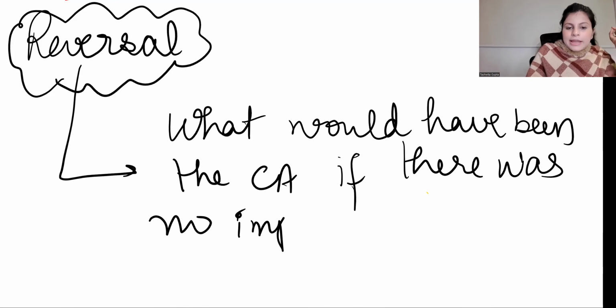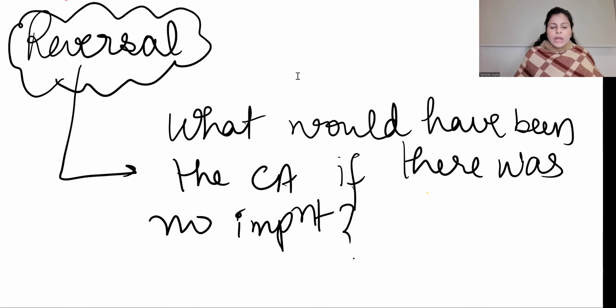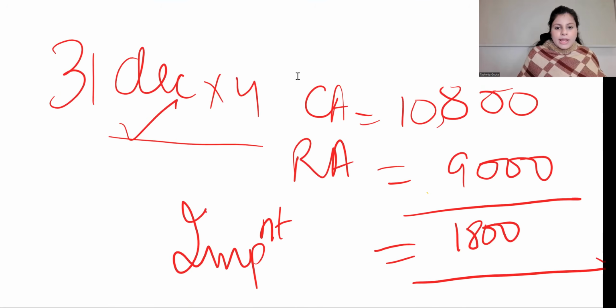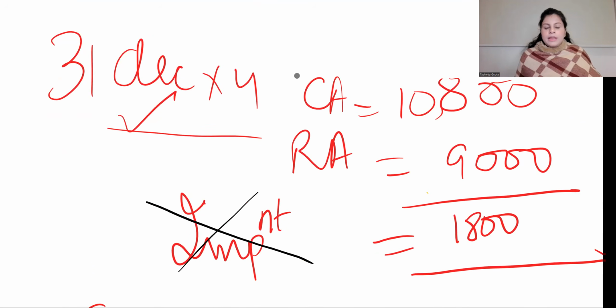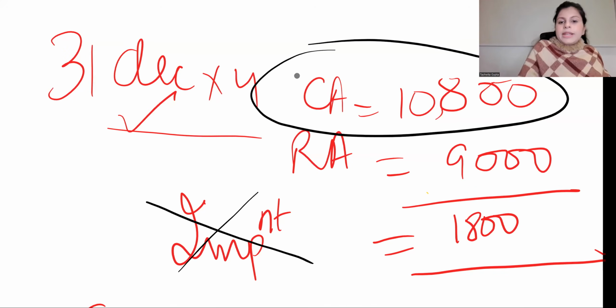Please listen to it very carefully. So guys, if in 2004 there was no impairment at all, that means my carrying amount would have been this only.